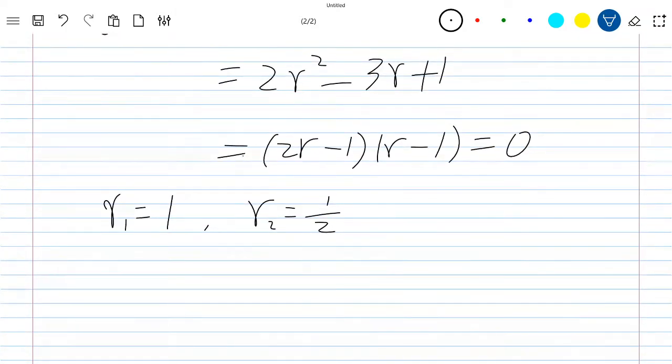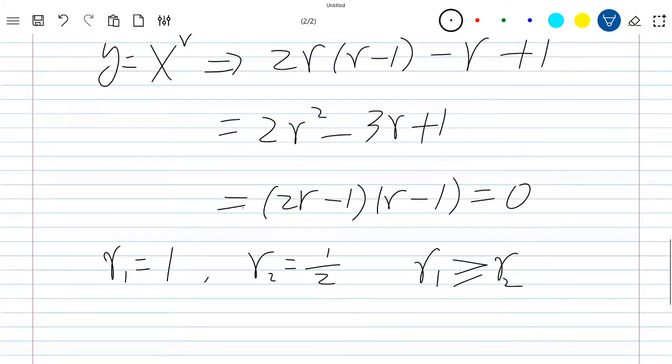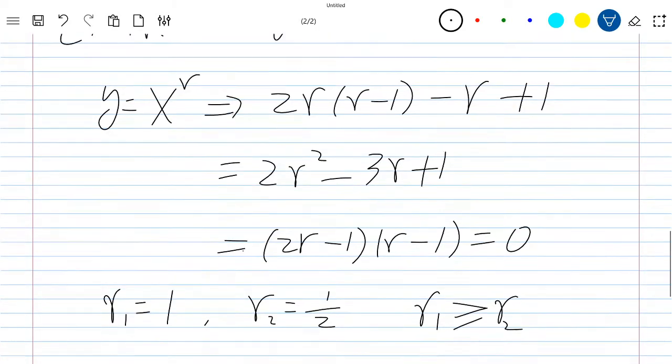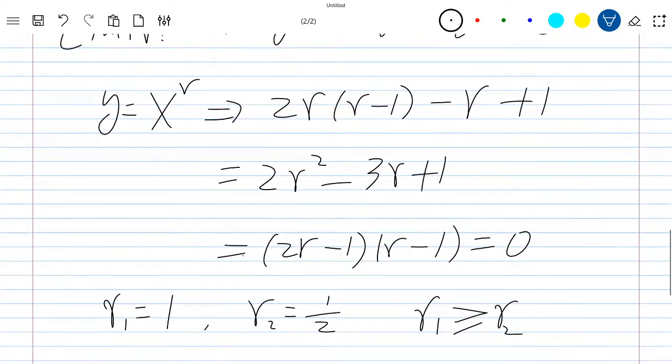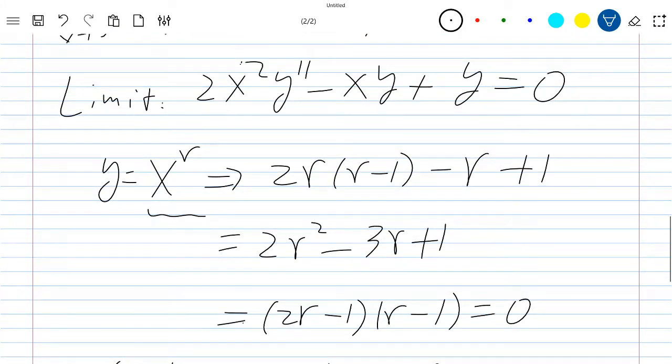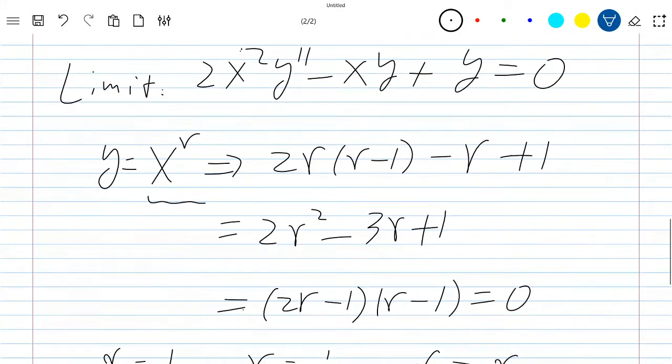Here we follow the convention that r1 is always chosen to be the larger one. If they're the same, then it doesn't matter. If there are two different real numbers, then we choose r1 to be the larger one. We don't consider the complex number case here. So we will assume our two solutions are two real numbers. Because otherwise this will be a complex power that's hard to understand.